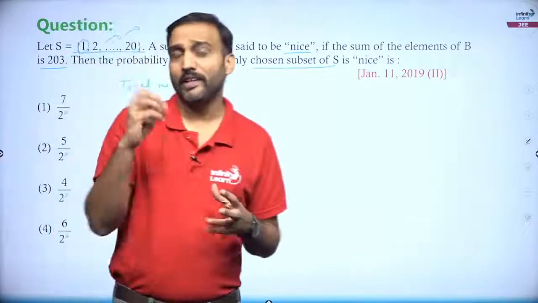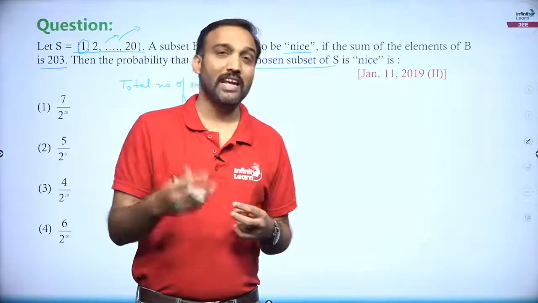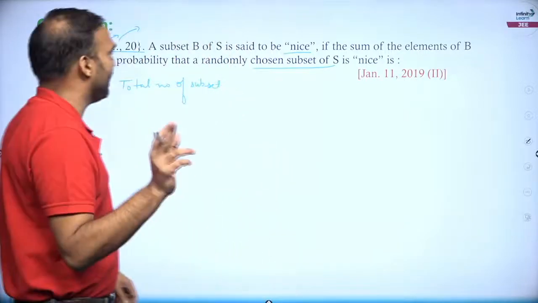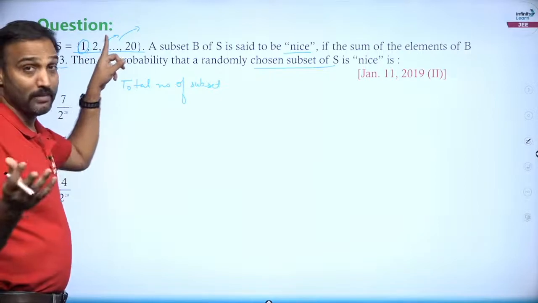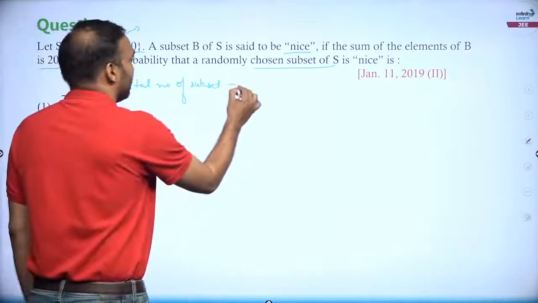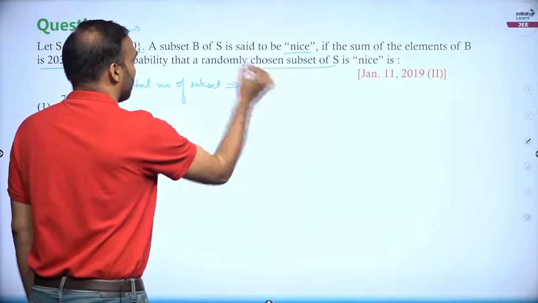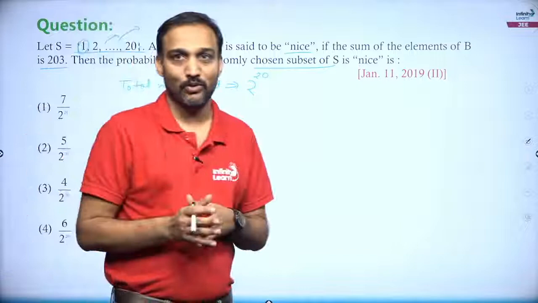I can have that one in my subset or it will not be there. So 2 ways. For the second element, either it will be there in my subset or it won't be there. So for every element, I have 2 options available. Either that number will be in my subset or will not be. So 2 raised to the power, how many elements do I have? So 2 raised to the power 20 would be the total number of subsets possible over here, right?